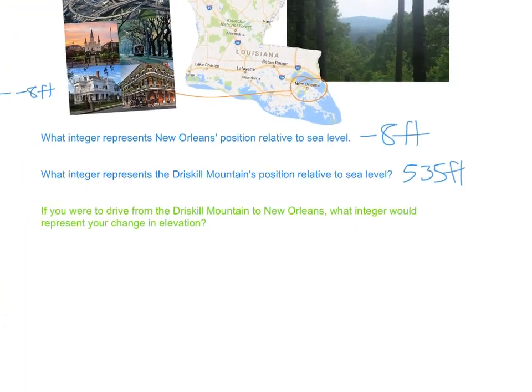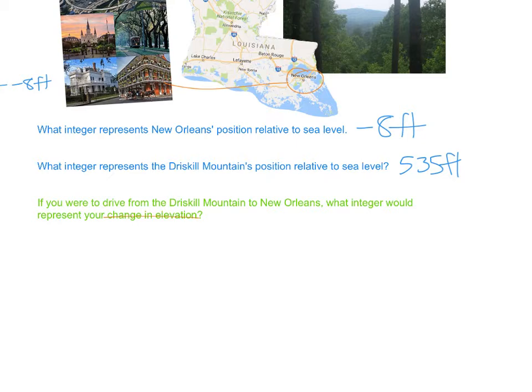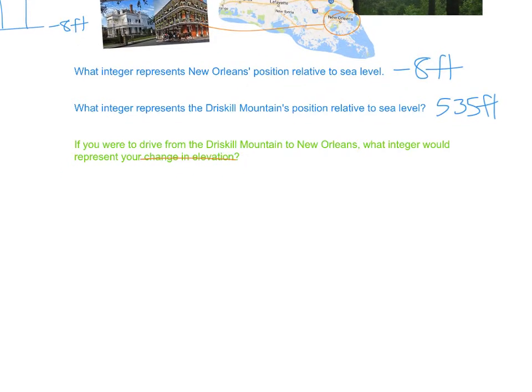What's your change in elevation? That's an interesting question. So I'm starting on the mountain, going down the mountain along the road, and then I'm going to New Orleans. And again, if this is sea level right here, and the bottom of the mountain is sea level, New Orleans is below sea level, at negative 8 feet.